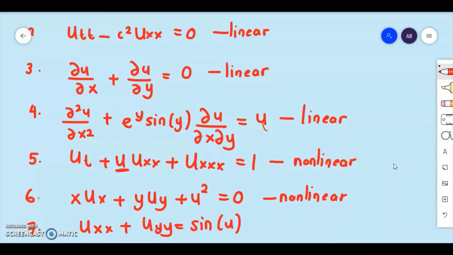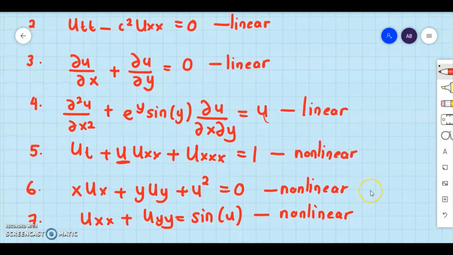My unknown function, which is my u here, appears inside sine u. So this becomes nonlinear. Okay, so I hope you get the difference between what is linear and nonlinear PDE.